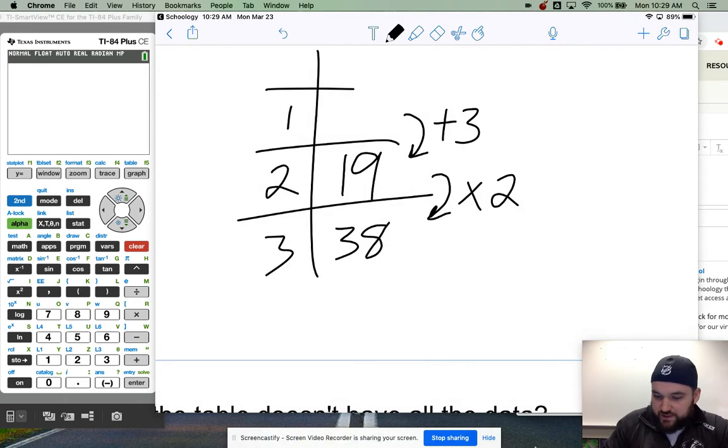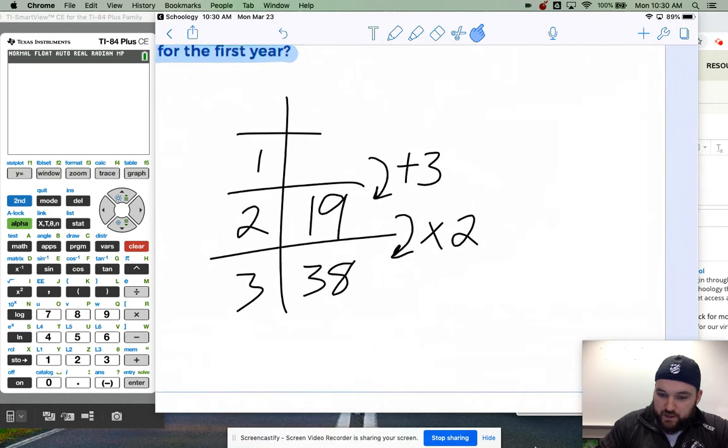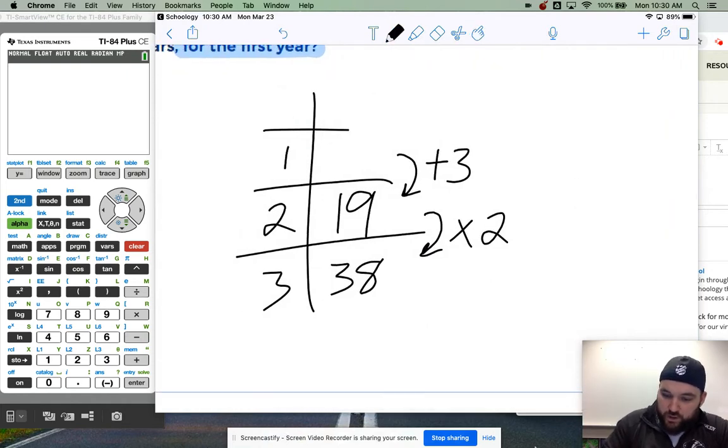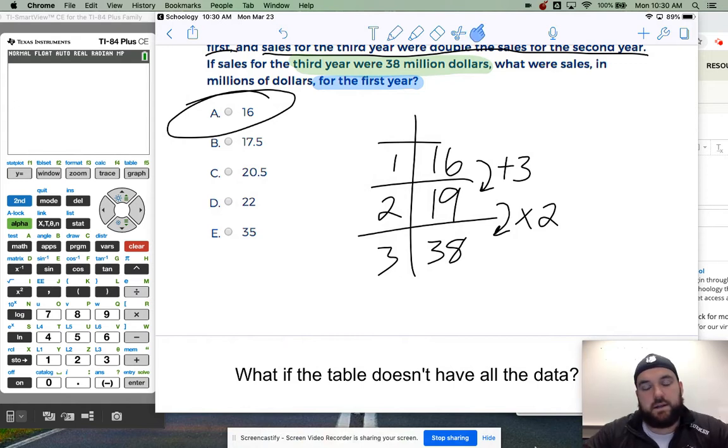That checks out: 19 million times 2 gives me 38 million. So I know year two is 19. But then it's asking what it was in year one. Well, what number plus 3 million would give me 19? That's going to be 16. So we can come over here and see that $16 million is the sales for year one.